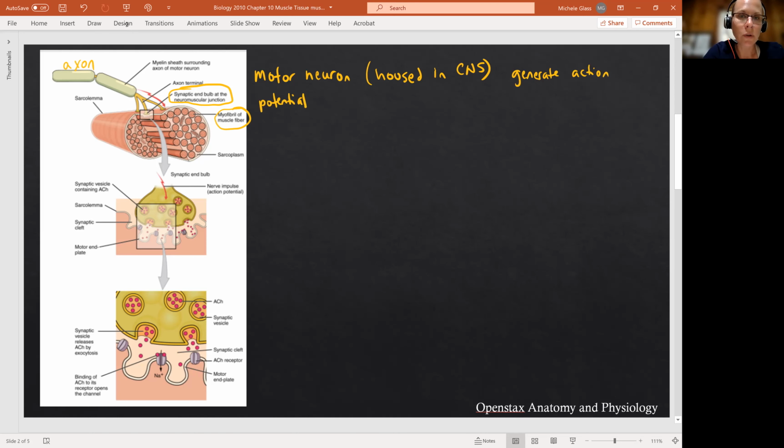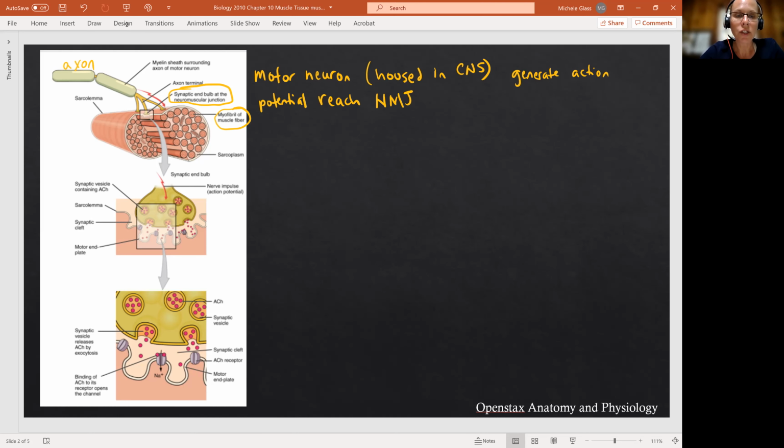The action potential, remember, is that electrical signal, the neuron signal. And that signal is going to reach the NMJ, which in your notes maybe you want to write out fully as neuromuscular junction. So make sure that your notes are making sense to you.